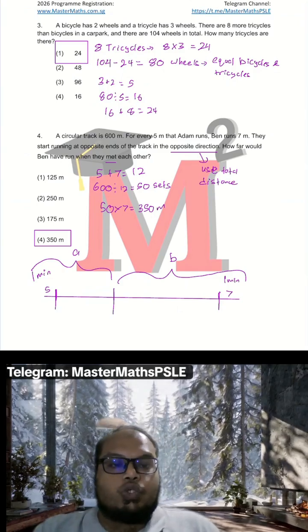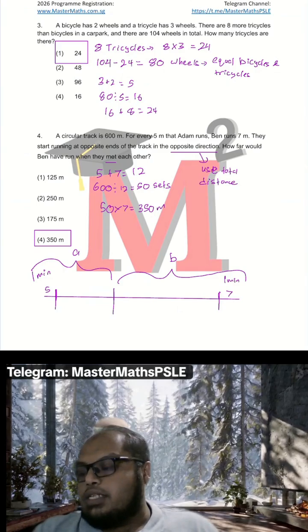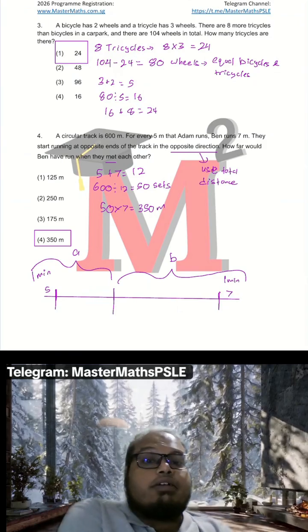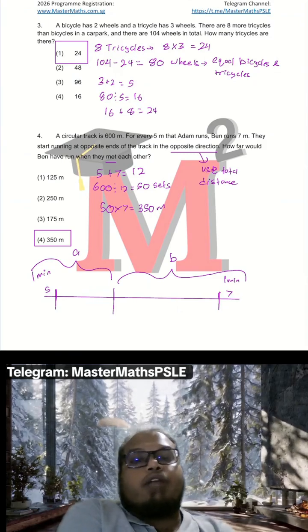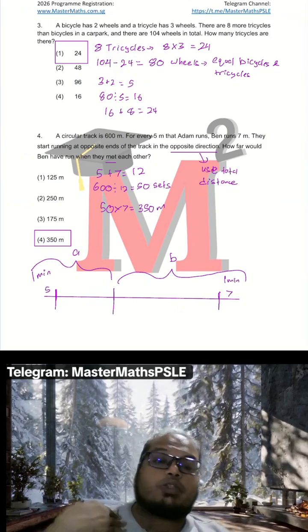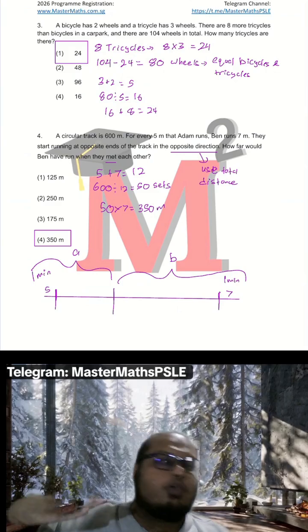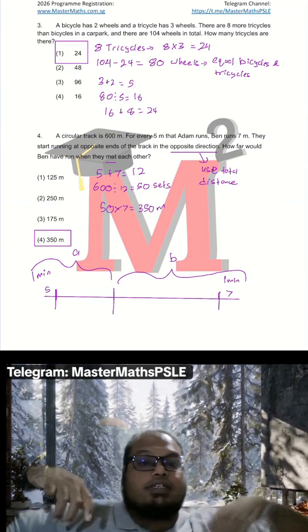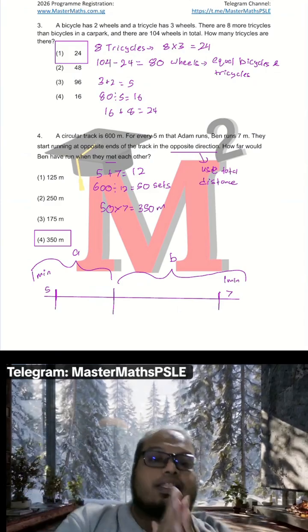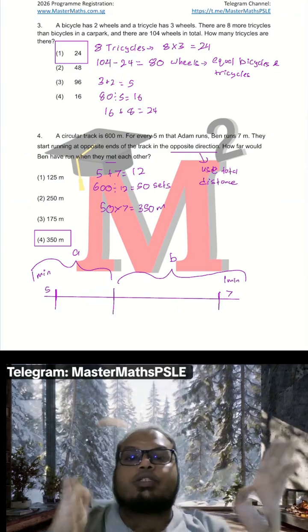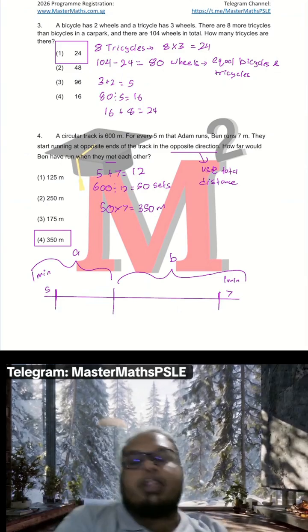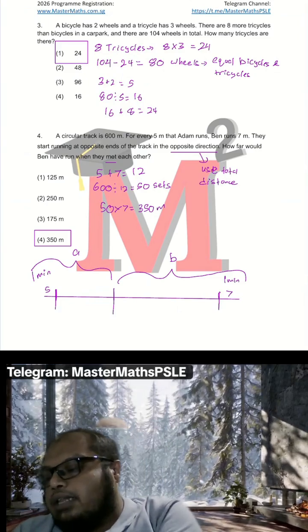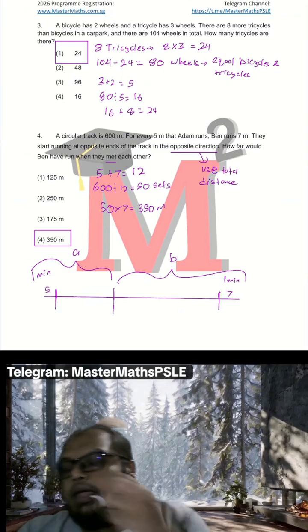This is why, or you can imagine, like you all have shuttle run in school, when you do your NAPFA test. Imagine in the shuttle run also, your friend is at one end and you at the other end. Your friend runs faster, so probably you won't meet at the center, because one is faster, so it's more towards your side compared to the other side. So in this case, that's why I divide by 12, because one set is 12.